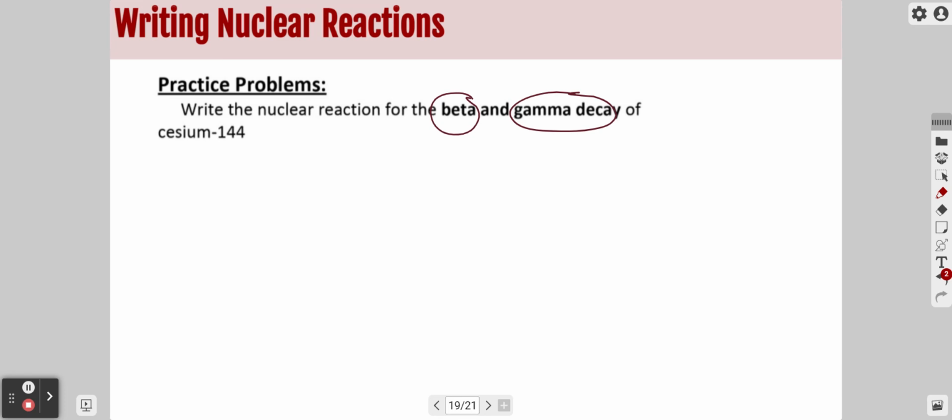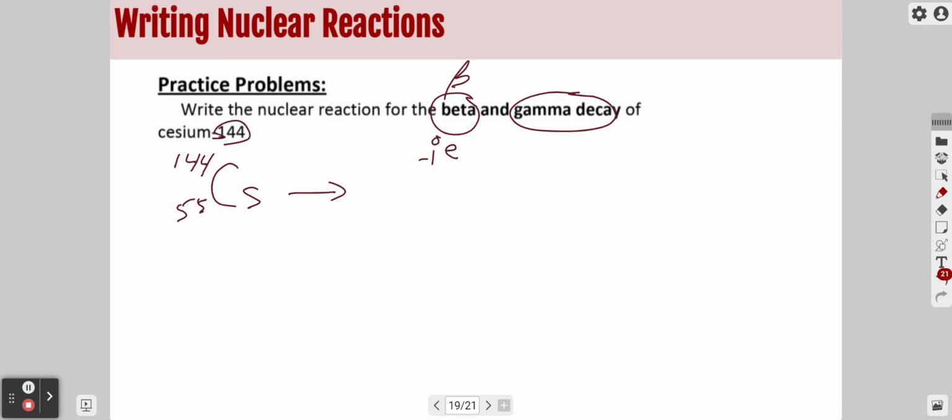Alrighty, so cesium has an atomic number of 55. So cesium, Cs, 55. And we know the mass number is 144. Now, we are told in the question that we're going through beta decay. We know beta is just an electron.